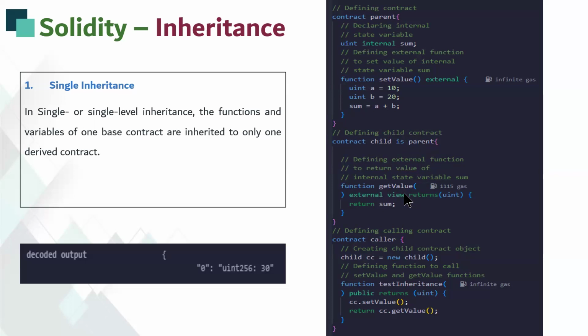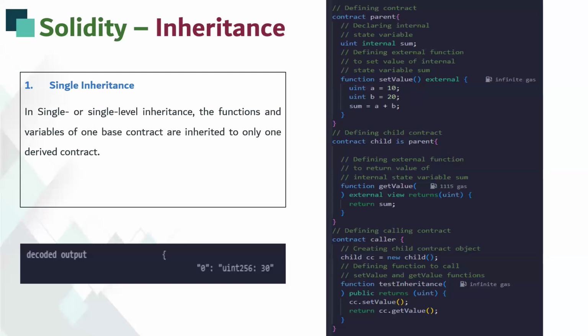Here we have a getValue function defined as an external function. It returns the value of the sum variable, which is inherited from the parent contract.